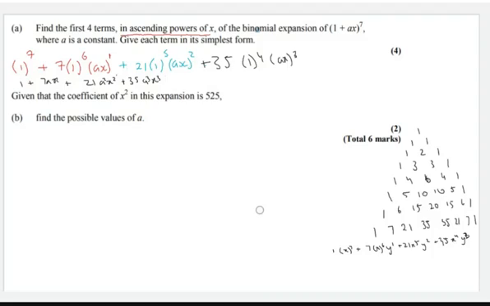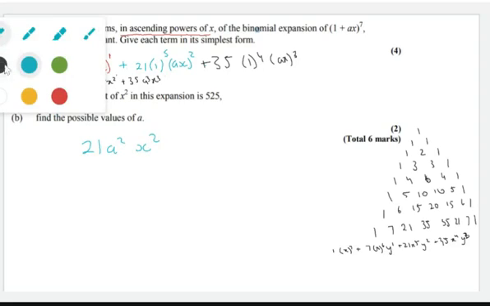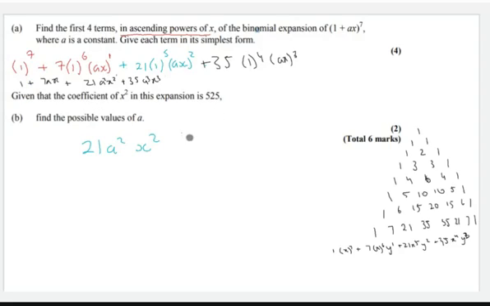The second part is where there's just a little bit more thinking to do. Given that the coefficient of x squared in this expansion is 525, find the possible values of a. So this is where we zoom in on the x squared term, and they've said that the coefficient is equal to 525.